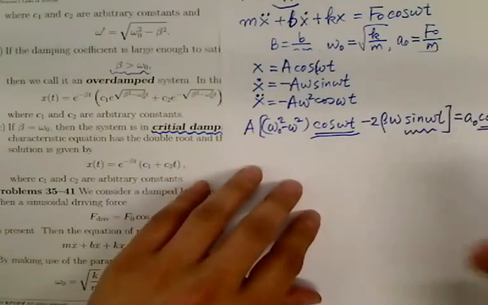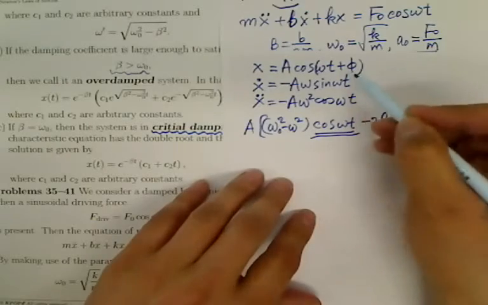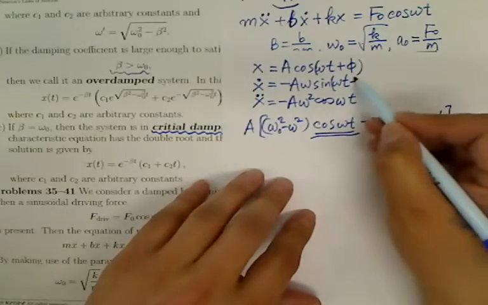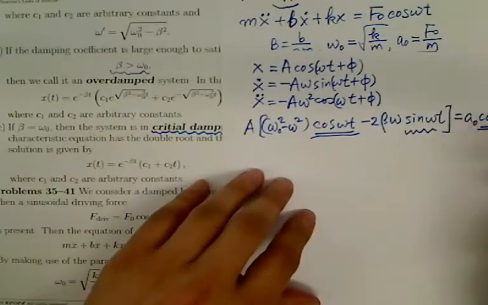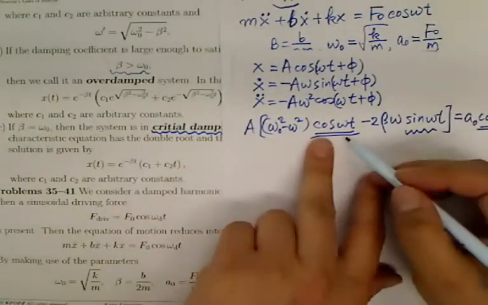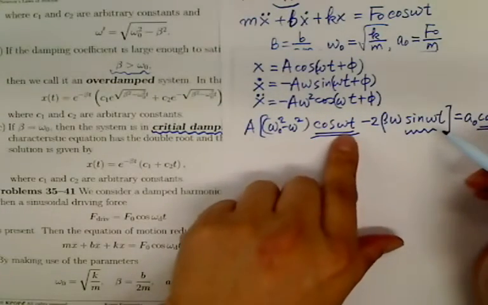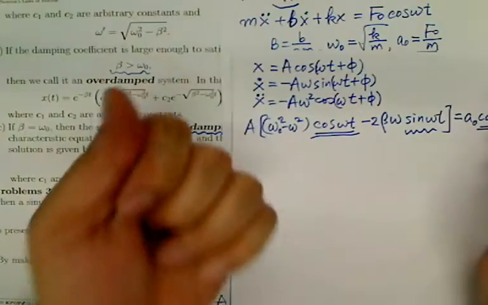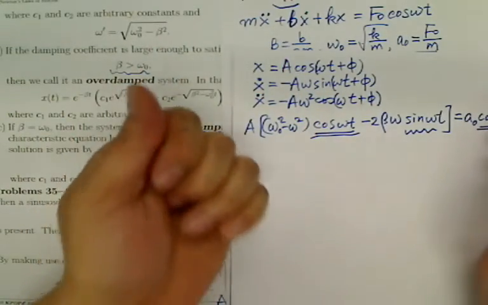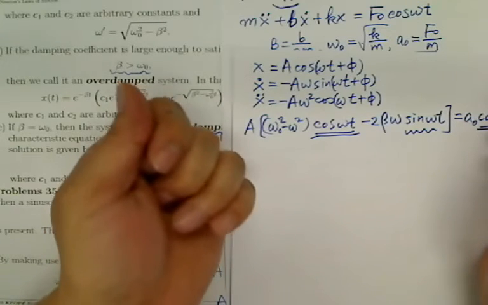Just put plus phi. The reason is that if we add some sinusoidal functions, we end up with a single sinusoidal function. However, the phase has to be shifted.